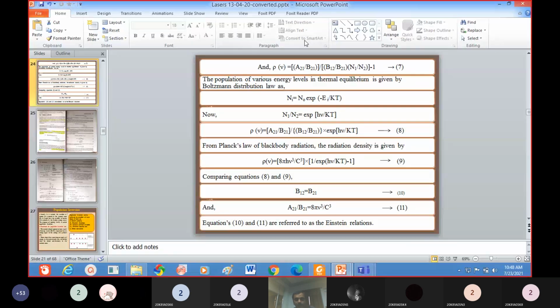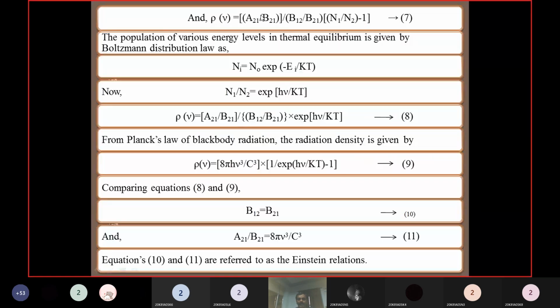One minute, I will edit this equation. Okay, so this is the right equation.